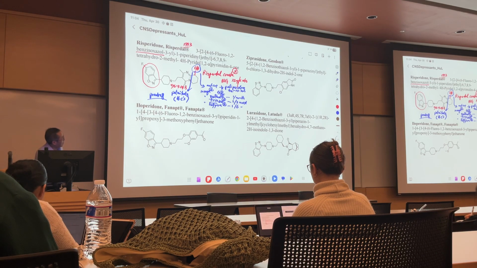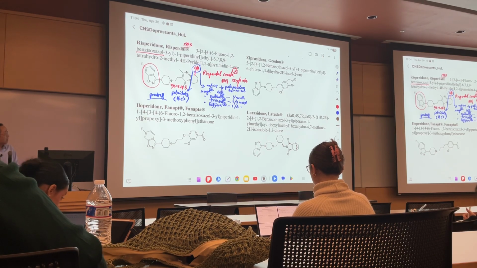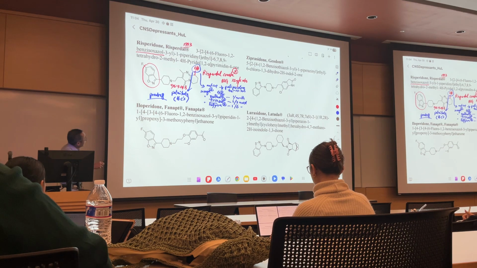And then you have several different options in terms of the use. There is the QD formulation, once daily dosing, and that's not a prodrug. And then you have two other prodrugs with the palmitate attached, the prodrug form of this drug molecule.